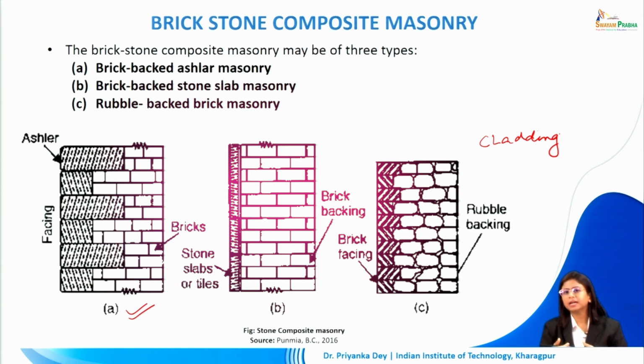And the front facade, we want to give a brick look, maybe an exposed brickwork, and that is the aesthetic we are going for. In that case, it's a rubble backed brick composite masonry example. So there are three ways in which we can make a combination of stone and brick in our composite masonry.